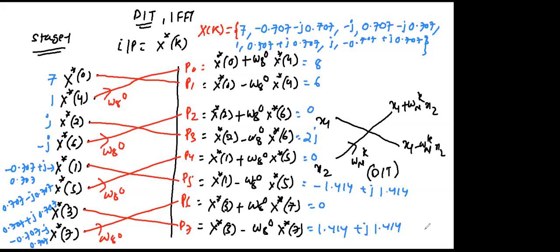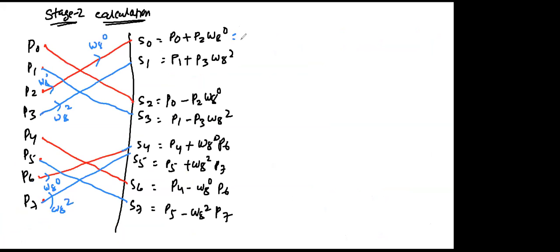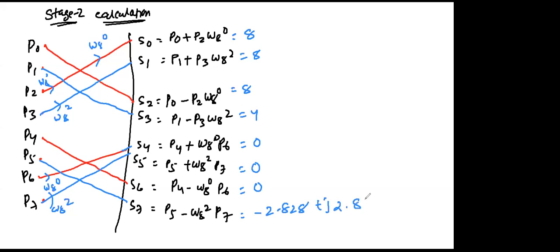Then write down the stage 2 values: 8, 8, 8, 4, 0, 0, 0, 0, 0, minus 2.828 plus j 2.828.